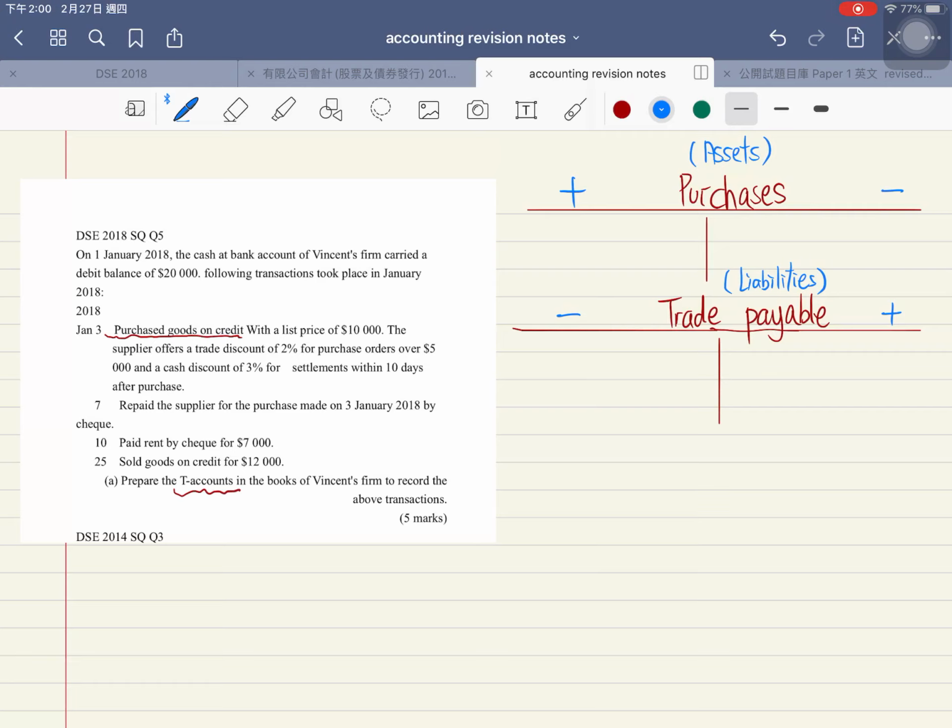So because we have 2% of trade discount, remember trade discount will be calculated when we purchase goods. So the list price is 10,000. For 2%, that is 200 off, so we record 9,800.